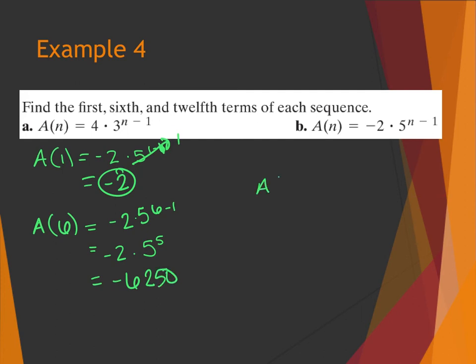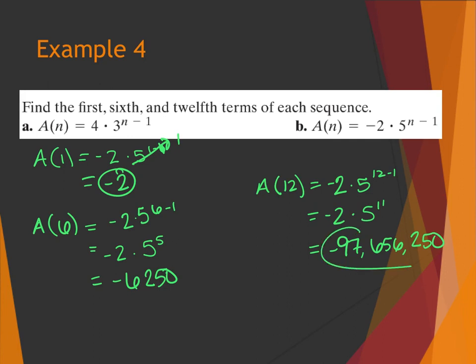And then my final term, the 12th term, or A of 12, is going to be negative 2 times 5 to the 12 minus 1, which is negative 2 times 5 to the 11th, or I get a negative 656,250, and that would be my 12th term.